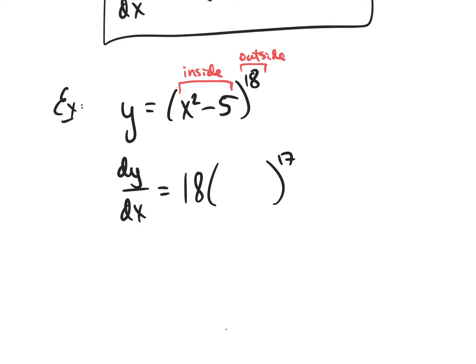So drop 18 down in front and then subtract 1 from 18. Now what we have to do is leave the inside function alone. Don't do anything to it. But then multiply by the derivative of the inside.